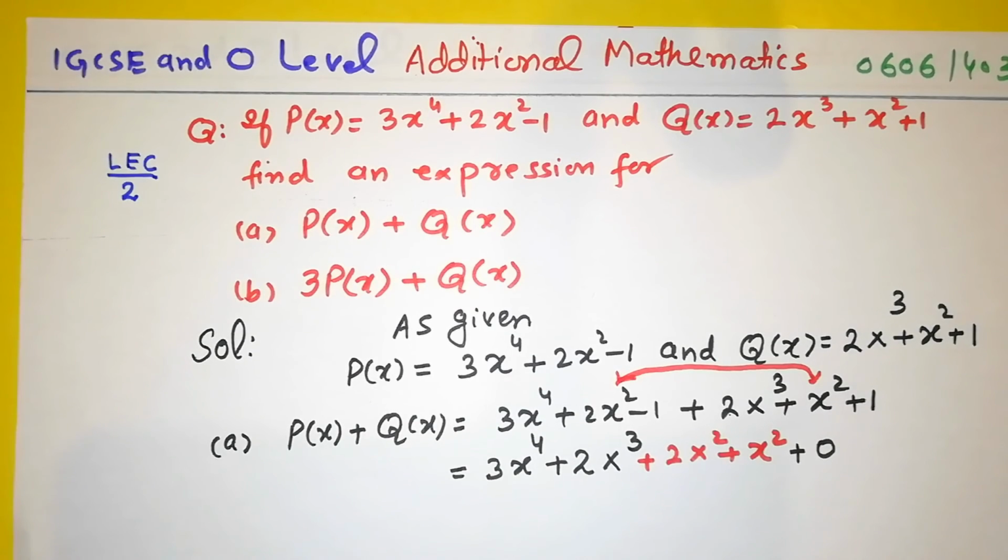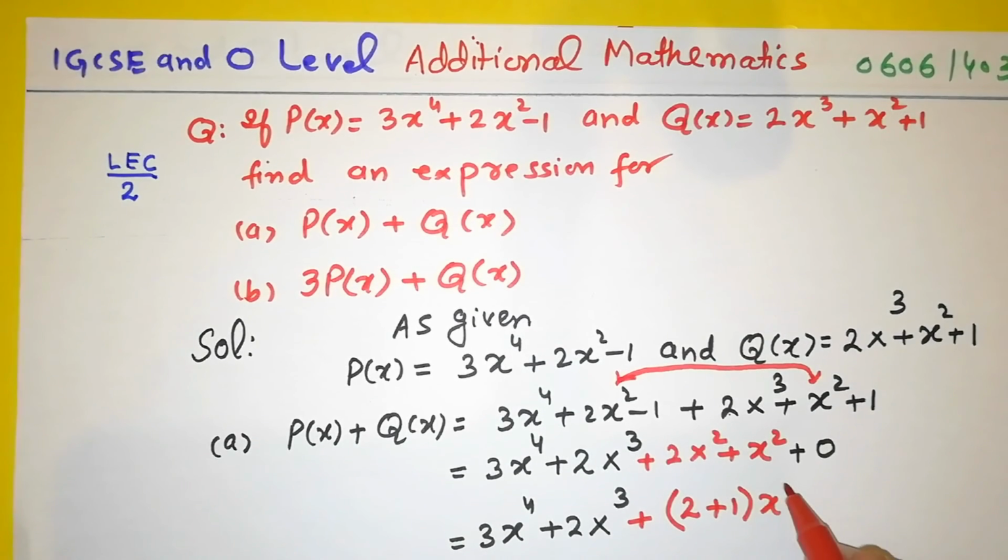So students, now we add these two like terms in such a way that 3x^4 plus 2x^3, and see here, in these two terms x^2 is common, so if we take x^2 common, then there is a coefficient plus 2 and a coefficient plus 1 with x^2.